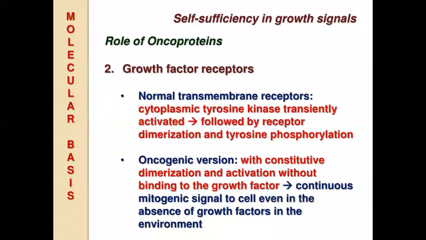The normal transmembrane receptor with cytoplasmic tyrosine kinase is transiently activated, followed by receptor dimerization and tyrosine phosphorylation. इसमें क्या है कि many oncogenes encoding growth factor receptors act more commonly by overexpression of the normal receptor than by mutation. यानी इसमें म्यूटेशन नहीं होगी लेकिन ओवर एक्सप्रेशन ऑफ द ग्रोथ फैक्टर्स होंगे. उसकी एग्जांपल क्या है?